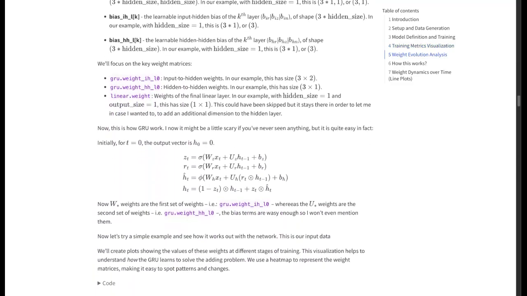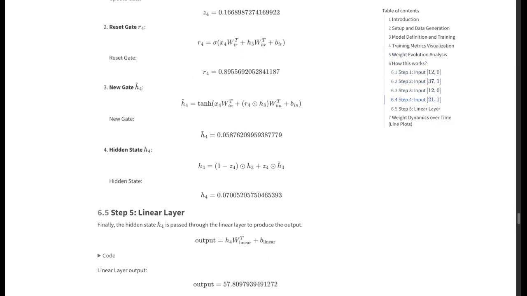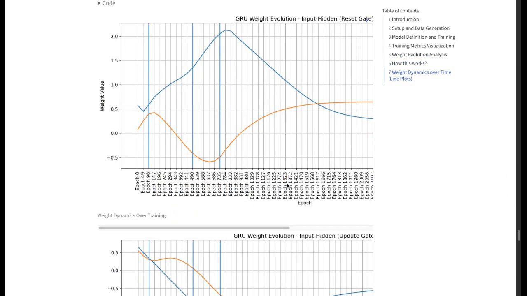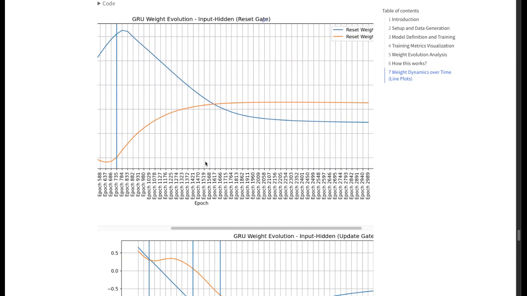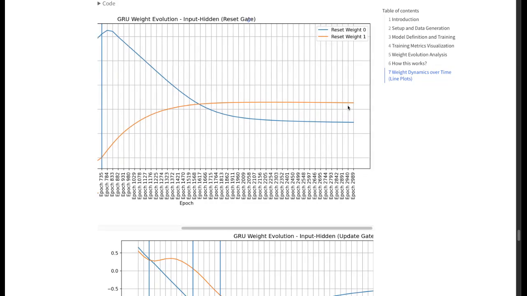One might say that it's not really useful anymore to train. Nothing farther from truth, because as you see here, after epoch 100 and 500, which is here more or less, the weights keep changing, and you see here the magnitude of the reset weight 0 is larger than the magnitude of reset weight 1.